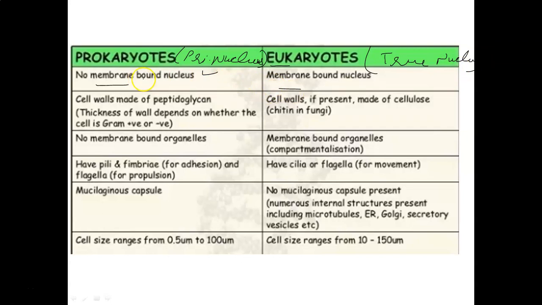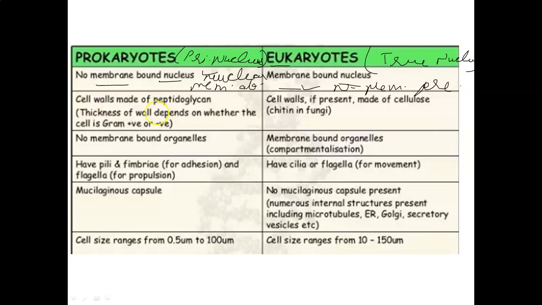Now membrane-bound cell organelle is absent, and that includes the nucleus also. No membrane-bound nucleus here, and membrane-bound nucleus means you can write here nuclear membrane is present. In prokaryotes, nuclear membrane is absent. Here nuclear membrane is present.